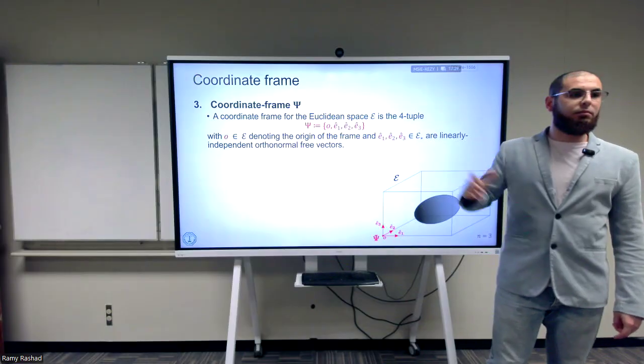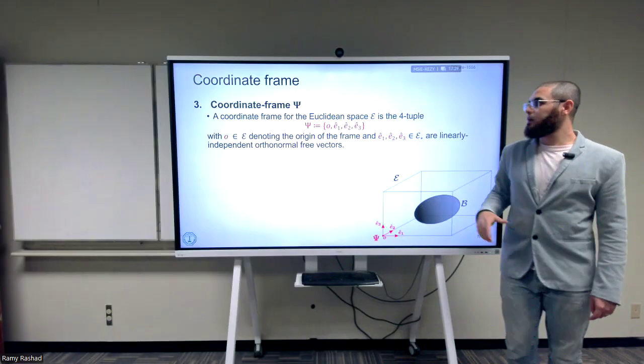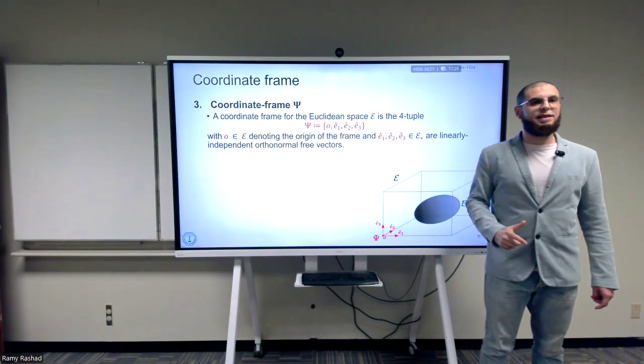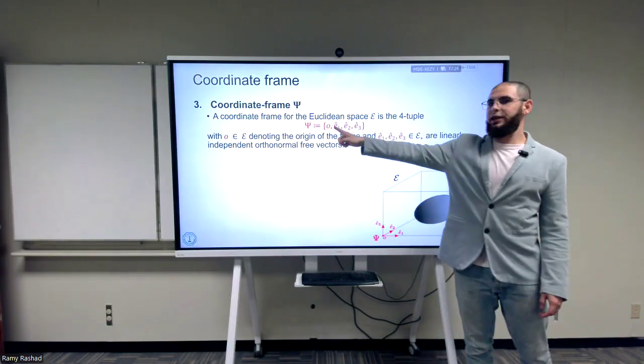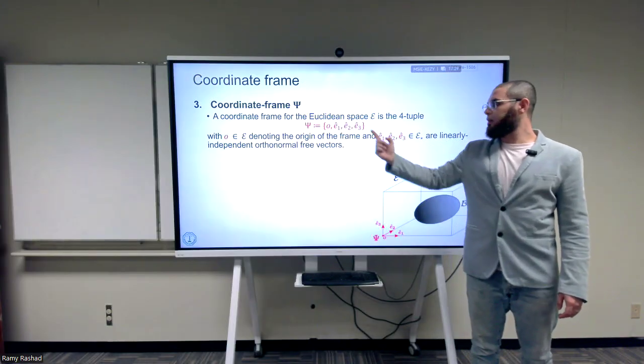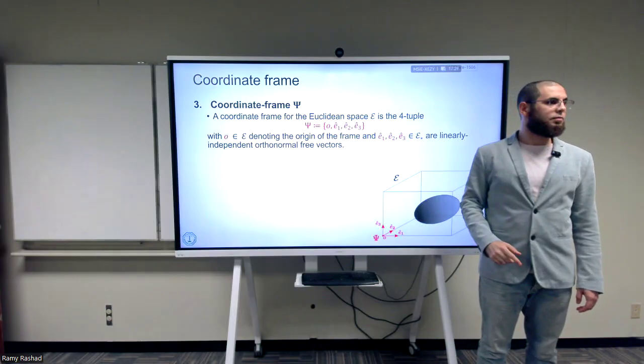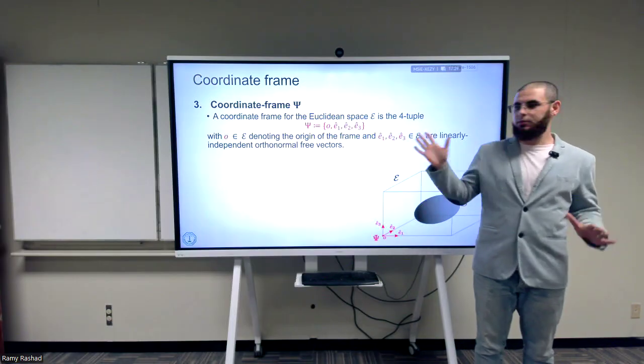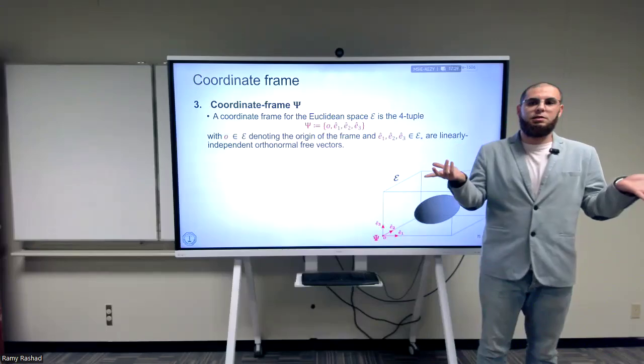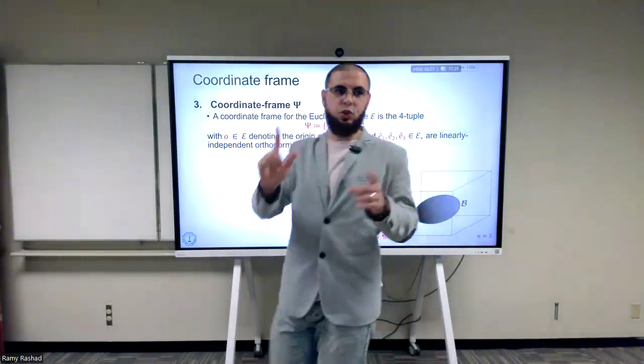The coordinate frame is 4 pieces of information: 1 point and 3 free vectors. Okay, 3 directions that you choose.